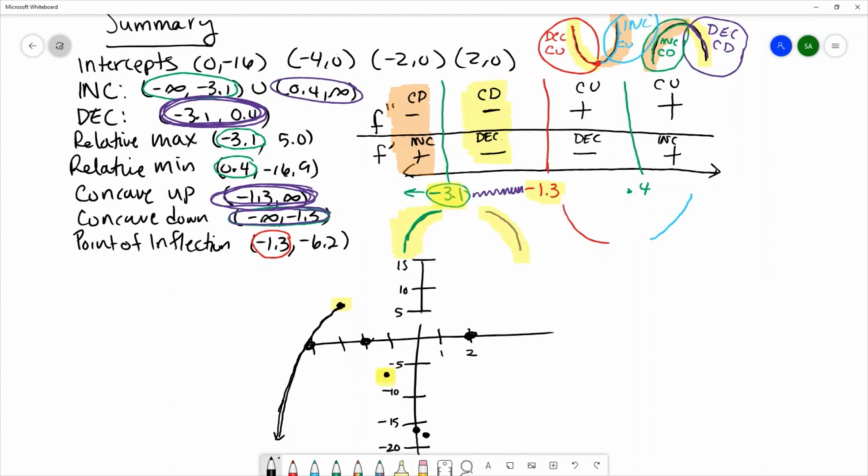I'm drawing it decreasing and concave down. Let me correct that because I need to go through the x-intercept as well. Then from -1.3 to 0.4, which is the relative minimum, we're going to draw it decreasing but concave up. And then our final section is increasing concave up.